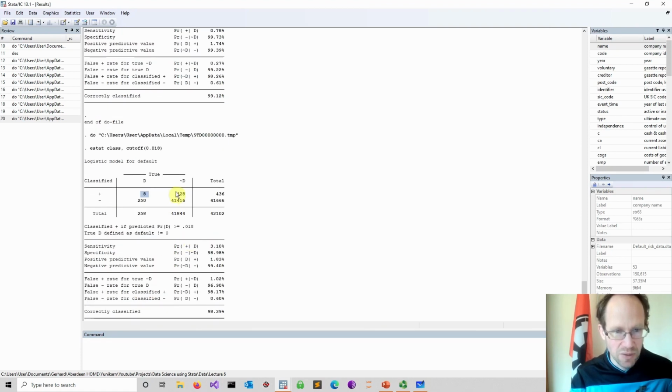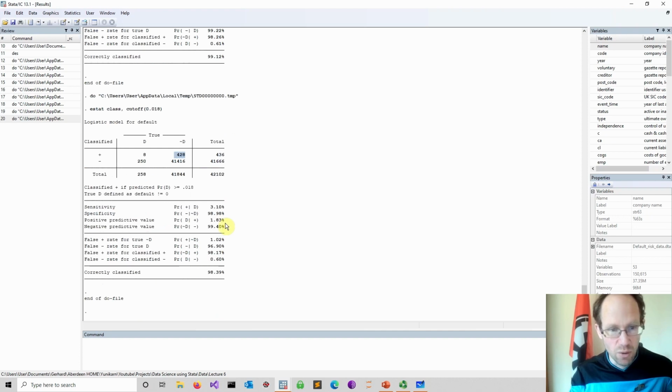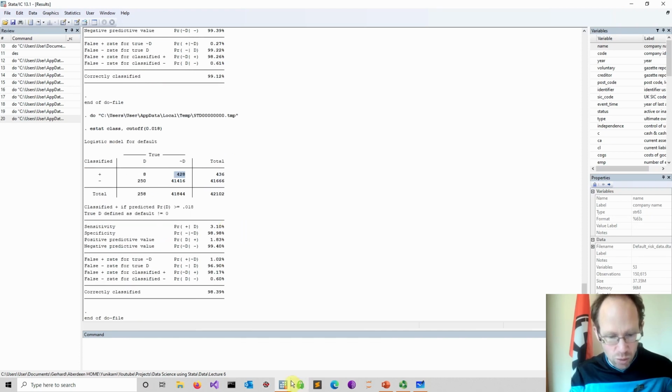But of course you get an awful lot of false positives in this case. Here we would say that all these companies are at default risk, but actually they don't default. So it's not amazing. At the moment, I think this model wouldn't be good enough for commercial use.